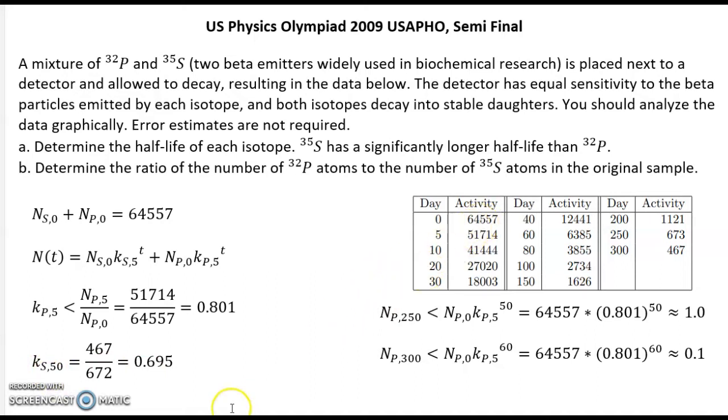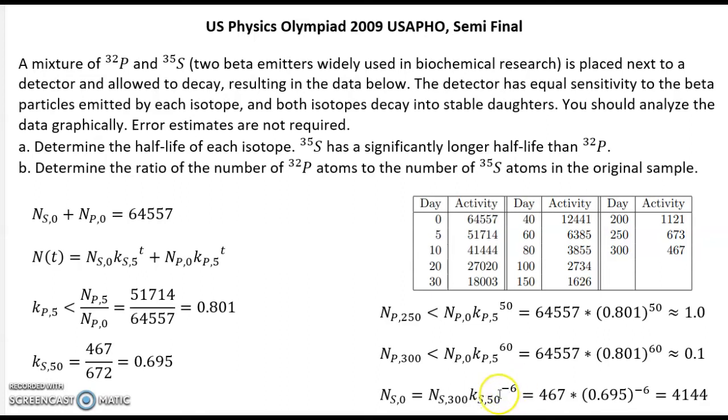We just need to use this formula. That will be the activity on day 300 multiplied by this coefficient, which we already counted, to the power -6, because this coefficient shows the reduction of activity after 50 days, and k to the power 6 will be the reduction of activity over 300 days.